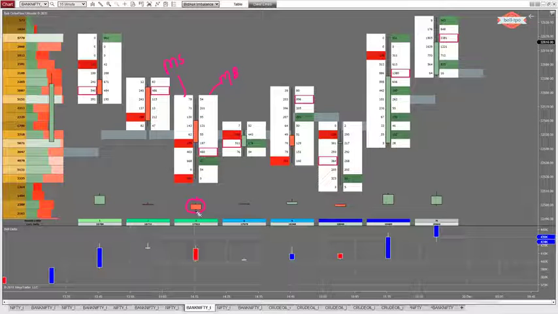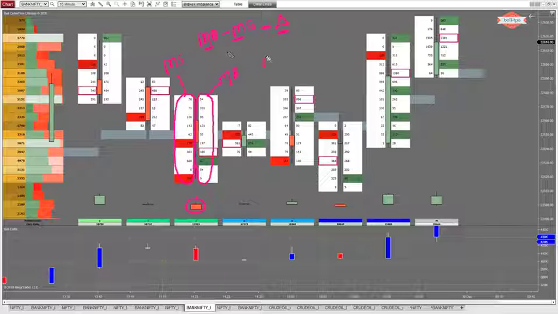So how do you calculate this delta? Very, very simple. You just subtract market sell orders from market buy orders, and what you get is delta. We add all the market buy orders, we add all the market sell orders, we total them, we take the difference, and that is your delta.